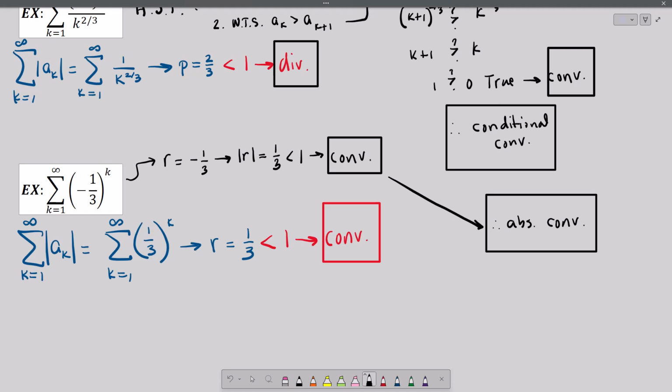We're not going to use that theorem, but you could. I want to see both. So the series as it is converges because it's a geometric series with an R value of negative 1/3, which has a magnitude less than 1, so it has regular convergence. And if we take the absolute values, we still get convergence, so the original convergence is called absolute convergence. It doesn't matter whether you put the minuses in or take them out, you still have convergence. So it's absolute convergence.